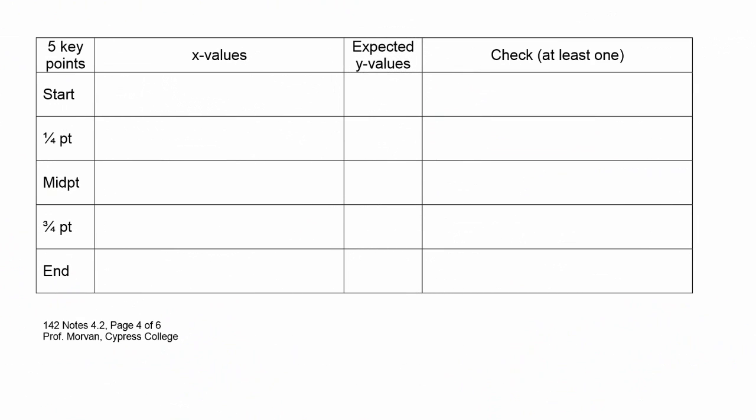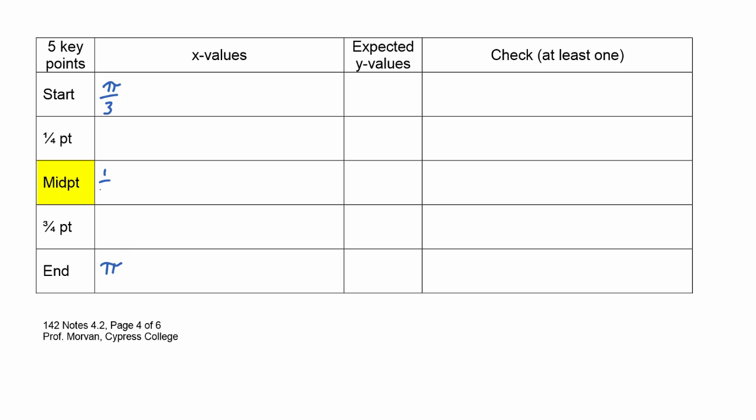We're ready now to evaluate our 5 key points. We know we're starting at pi over 3 and ending at pi. To find the midpoint, we have to add up the start and the end and divide by 2.